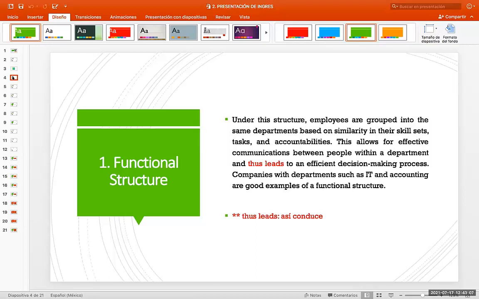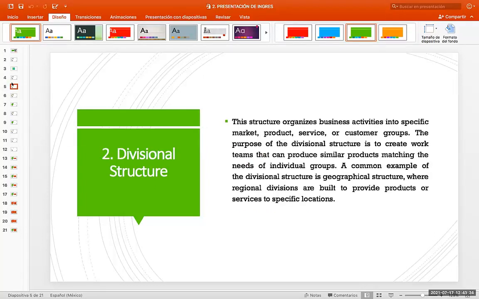In this paragraph, I didn't know what thus leads means. For this, I found that thus leads means así conduce in Spanish. Yes, that is correct. Then divisional structure. This structure organizes business activities into specific market, product, service, or customer groups.